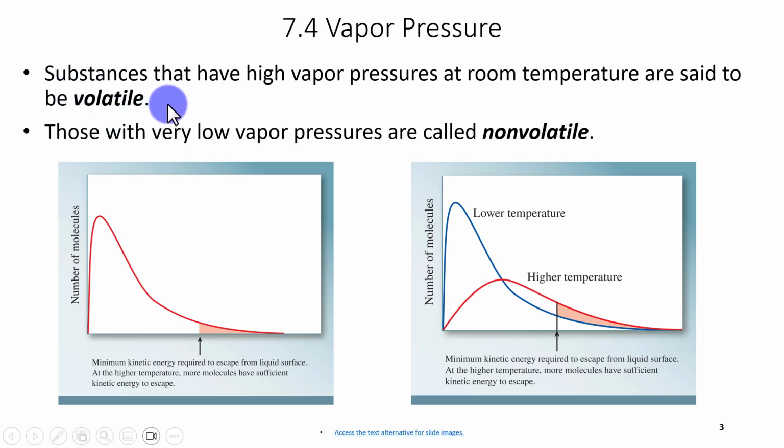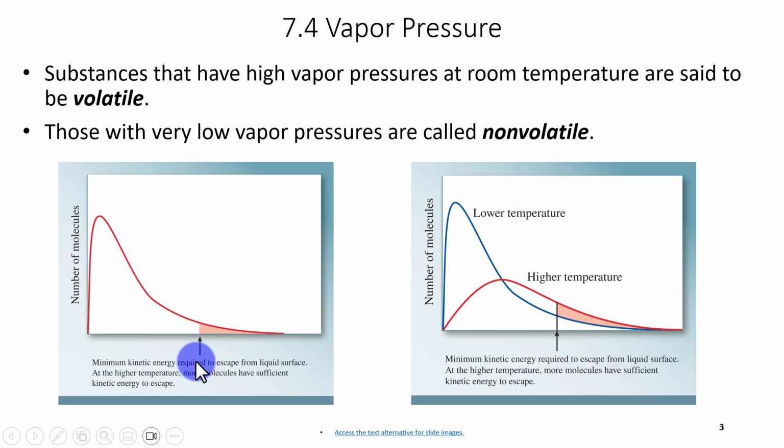We can actually smell the volatile substances very easily in the air because they have high vapor pressures. They evaporate very easily into the gaseous phase, and we can then smell them very easily. A lot of gasoline or hydrocarbons are volatile because they have very high vapor pressures at room temperature.